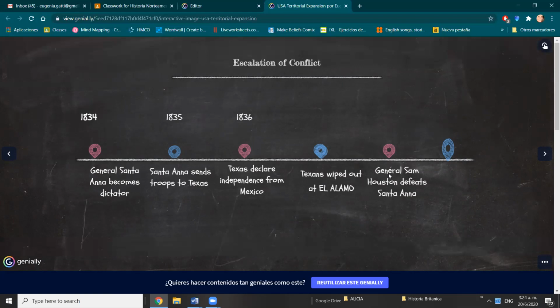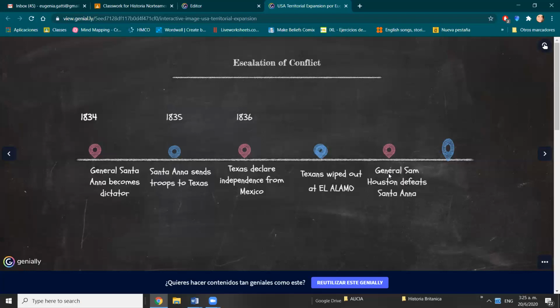Very similar. Now, the first thing they do when they become independent is to ask the U.S. for annexation. And we said that many people in the United States were interested in annexing Texas. More land, more business, no problem of identity, because many of the people there were already very much attached to the United States.